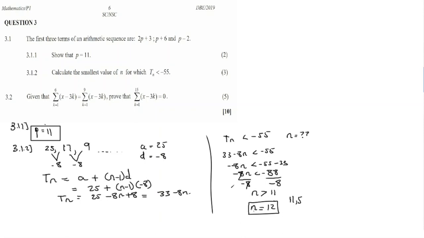So whenever you calculate n, the value you get is always an integer, not a decimal. So that's why I said the smallest one is 12 instead of 11,5, 11,1, 11,2. So our answer here is n equal to 12.